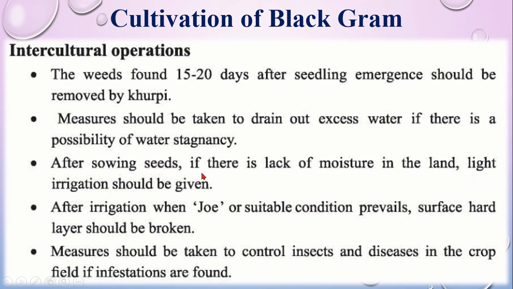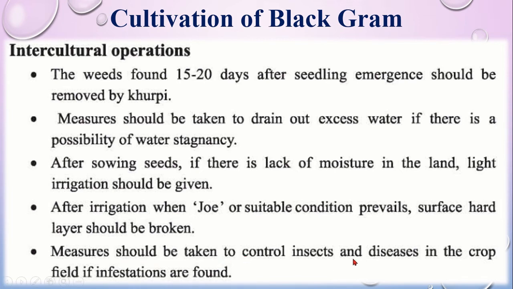Again, if there is no water present in the field, that time we have to apply irrigation. After irrigation, when dew or suitable condition prevails, the surface hard layer should be broken. That means we need a normal plowing in the field.